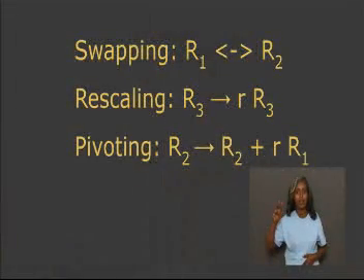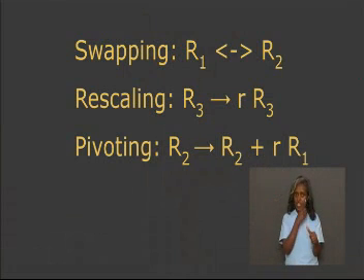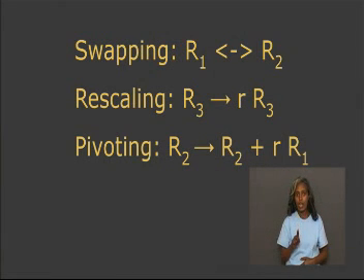Before we look at an example, let us define the notations that we will use to represent swapping, rescaling, and pivoting. Swapping of a first and second row will be denoted by R1 switches with R2.